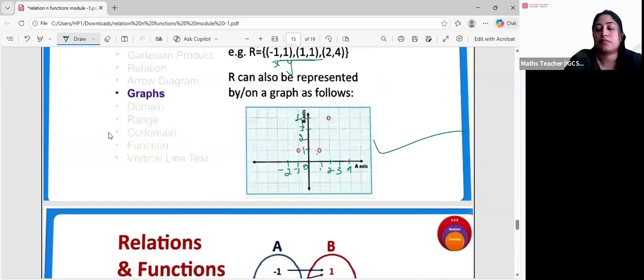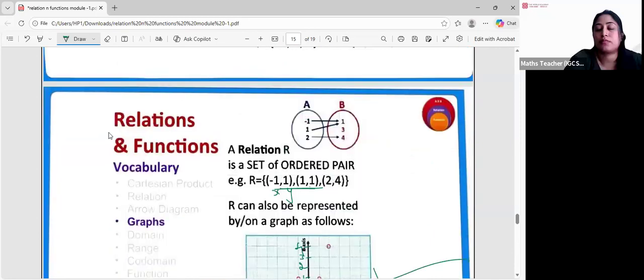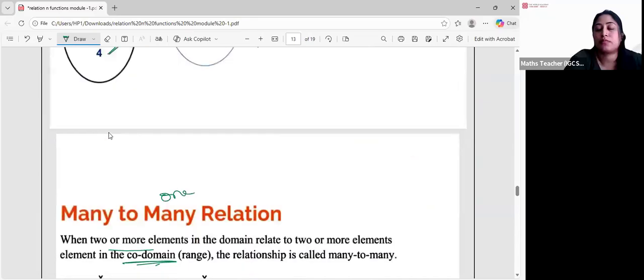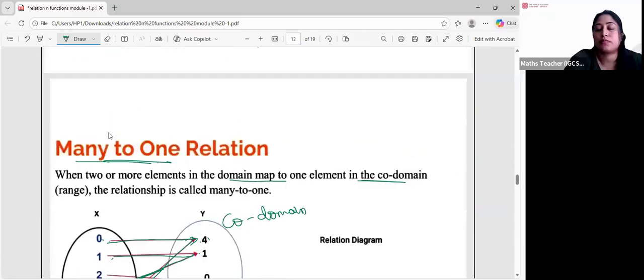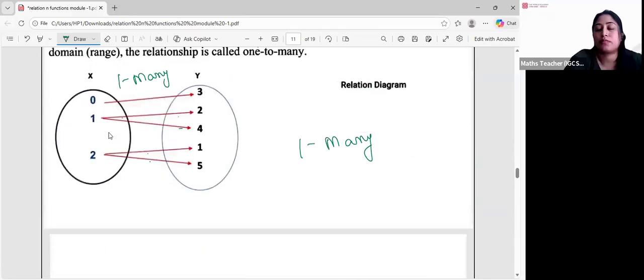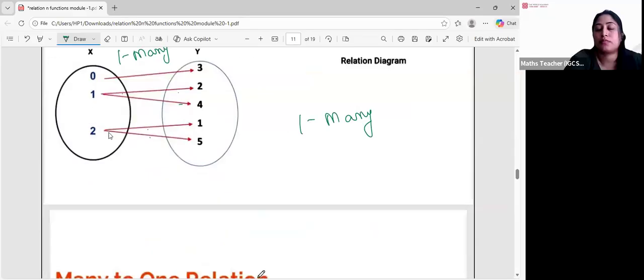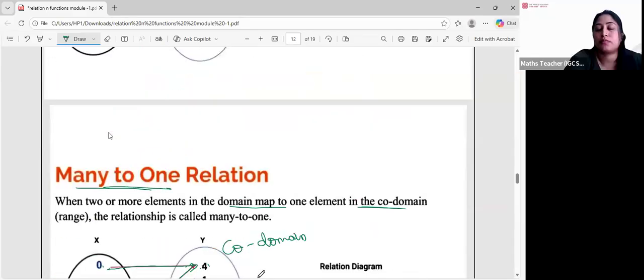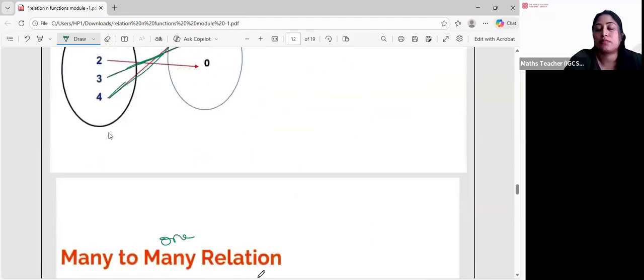And we have seen the types of relations: one-to-one, one-to-many, many-to-many, and many-to-one. As the name says, in many-to-one, more elements from set A are related to only one element in set B. In many-to-many, two or more elements from set A are related to two or more elements in set B.